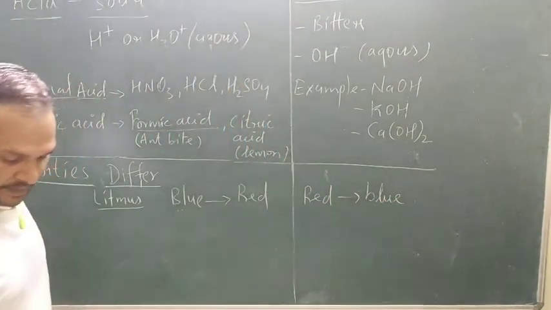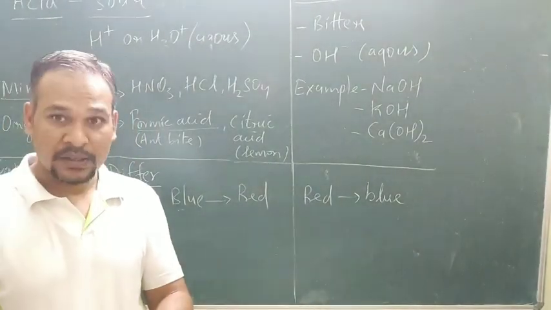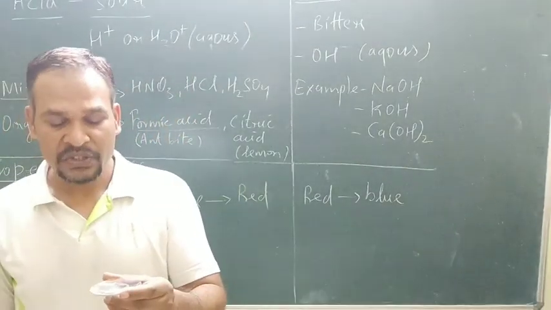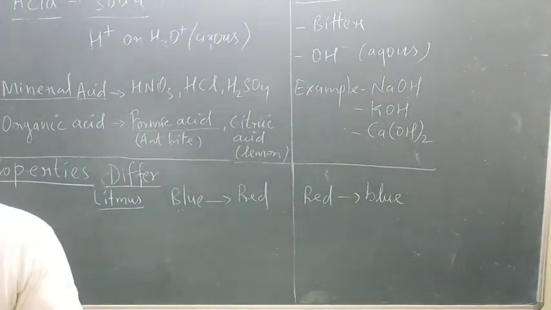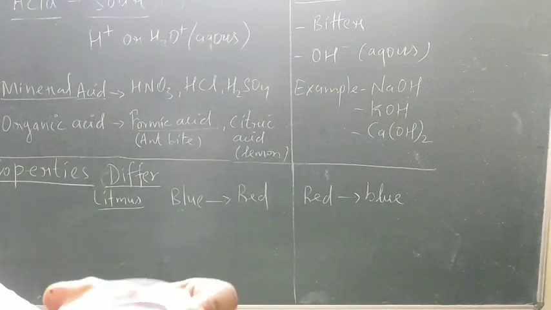Let's see, I have an example. So this is a base solution I have, and base turns red litmus into blue. Let's have a look.